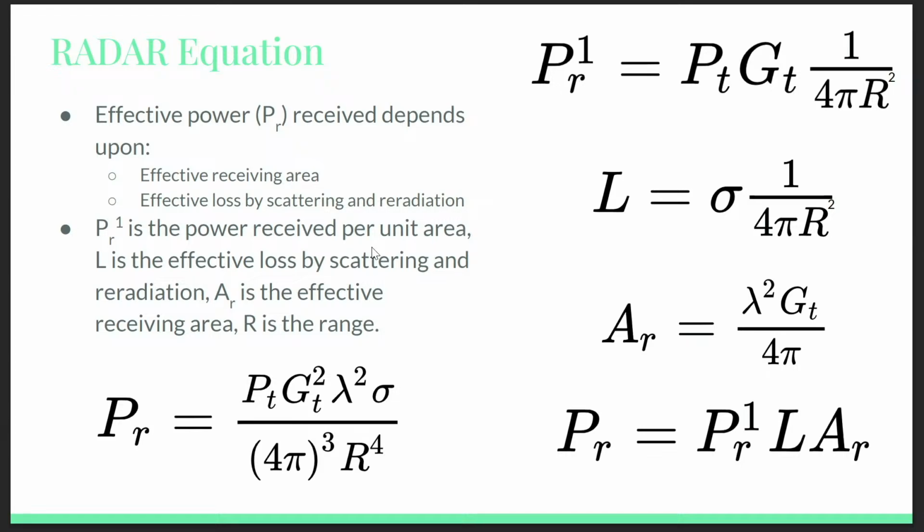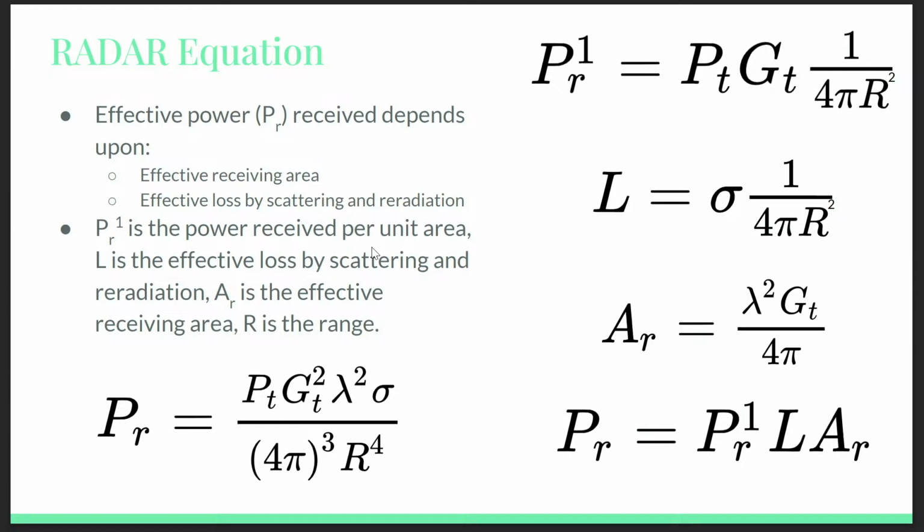That is why 1 by 4 pi r square is coming there, and then this is the power which is sent towards the surface, the power of the antenna plus some amplification factor which is added to it, that is the gain. You multiply that and send it towards the surface, and the second one is how the surface is sending it back towards us. That is mentioned over here, and finally, this is the area of receiving, how much area is used for receiving it back. So totally we get a power received equation here.